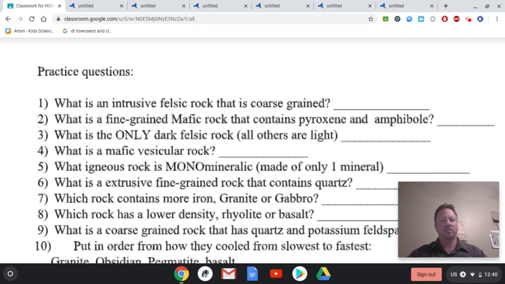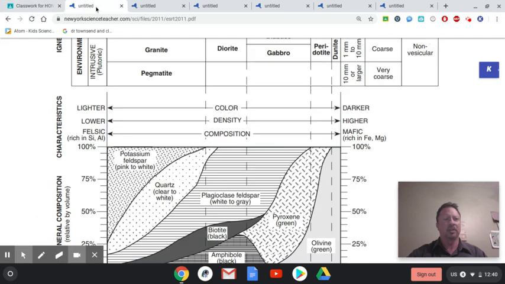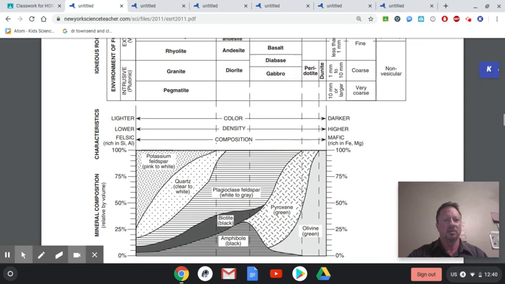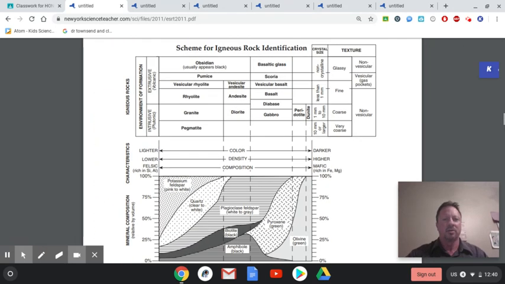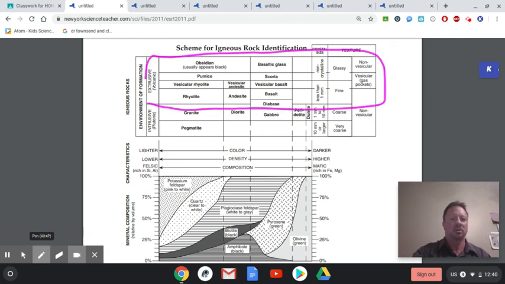Okay, what is an extrusive fine-grained rock that contains quartz? Extrusive, fine-grained. Okay, so extrusives, again, here are all my extrusives.